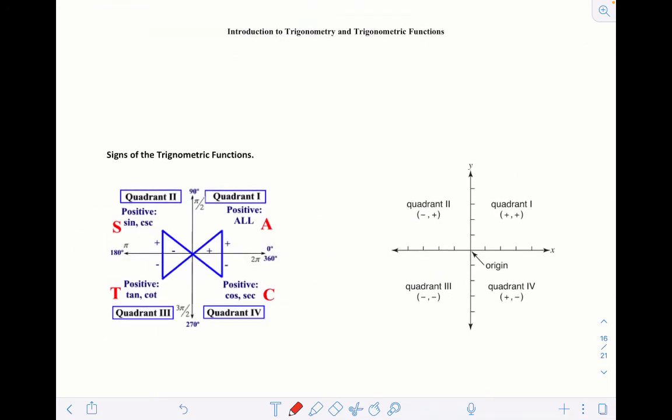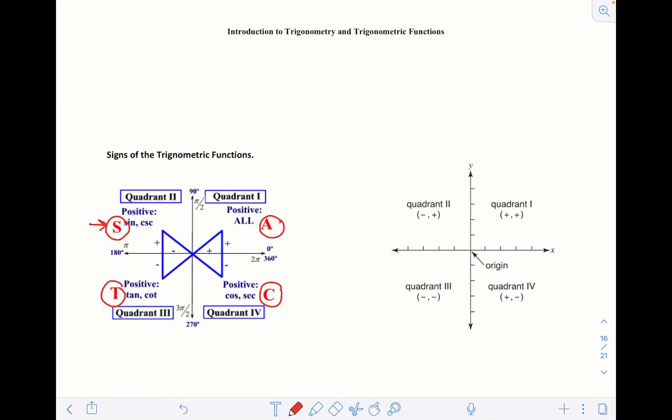Here are a couple charts that kind of show when the different trig functions are positive versus negative. The one on the left, if you've heard anything like this before, which is all students take calculus, which we know is not true, but what it means is that they're all positive in quadrant 1.